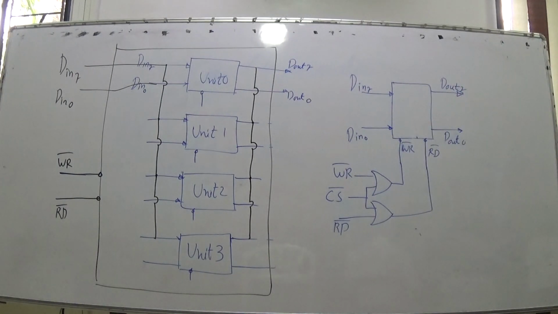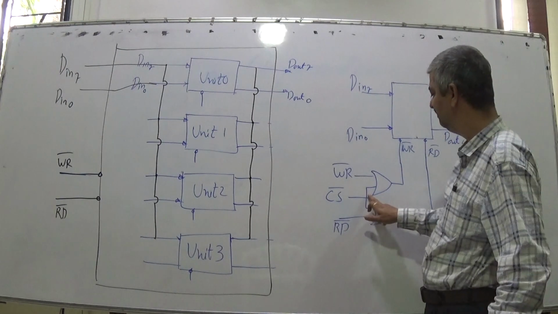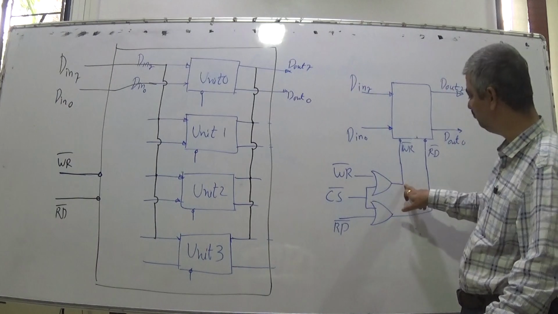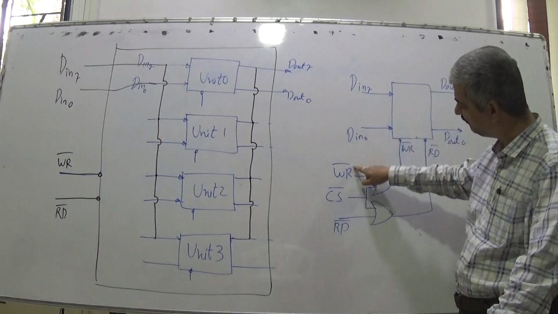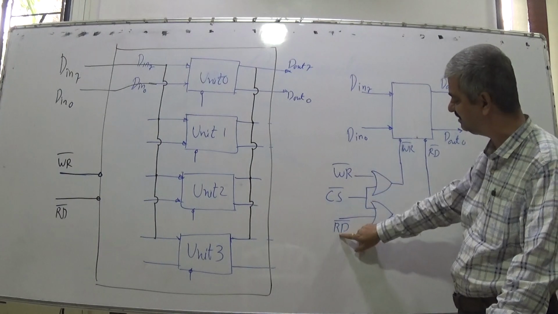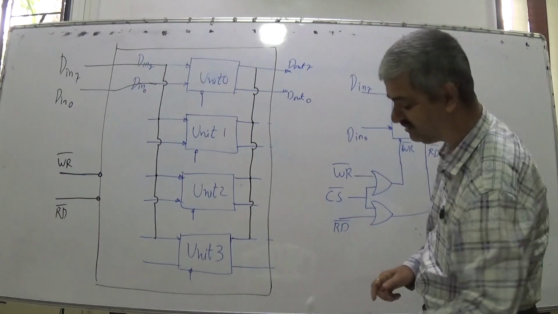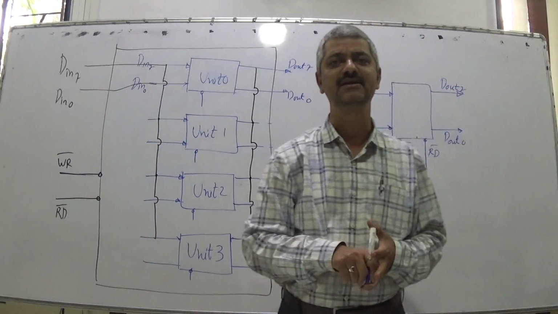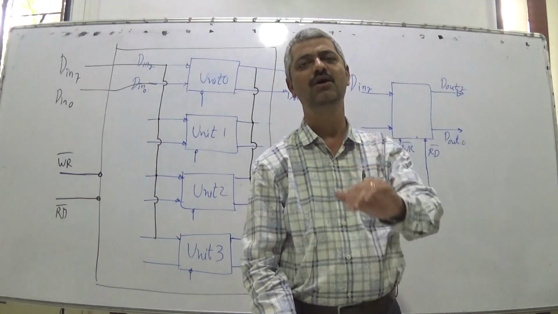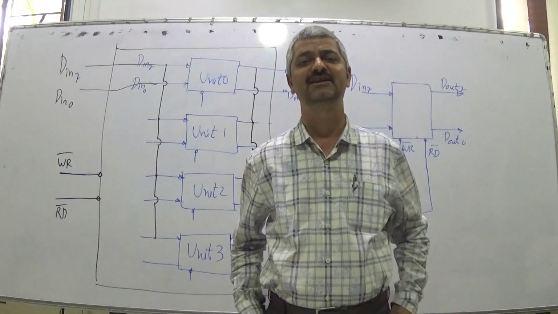If this CS bar is high, what will happen? If this is high, this will be 1, this will be 1, no operation will take place. So even if the write bar line is there, the read bar line is there, it is just like I am talking, you have logged in and you have put on the mute button.